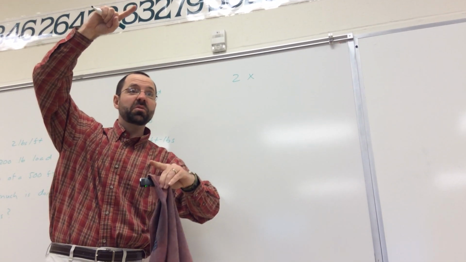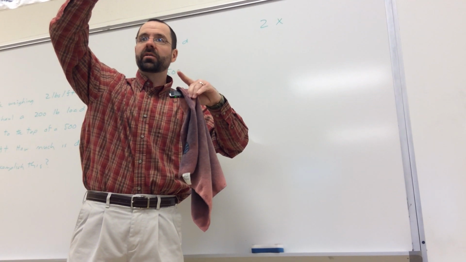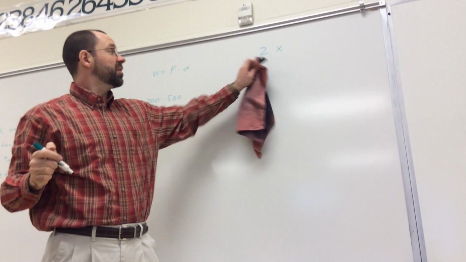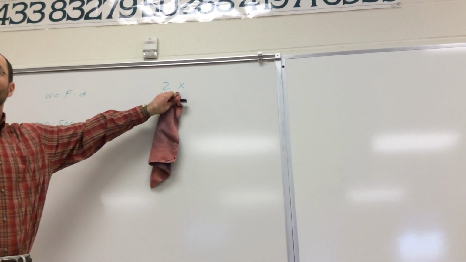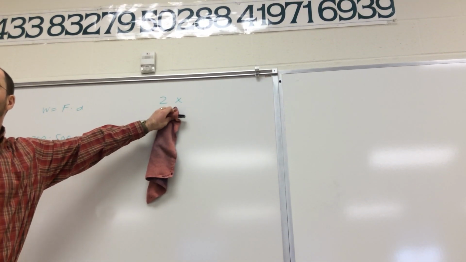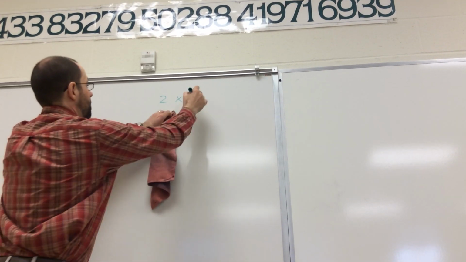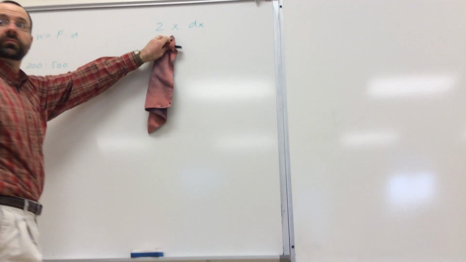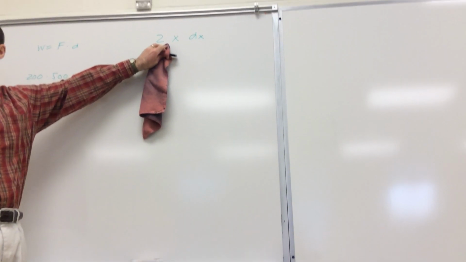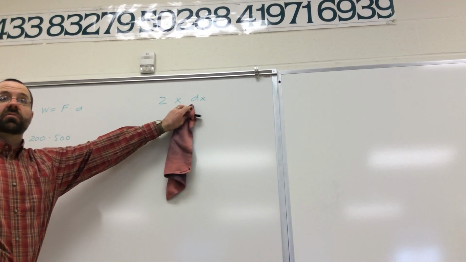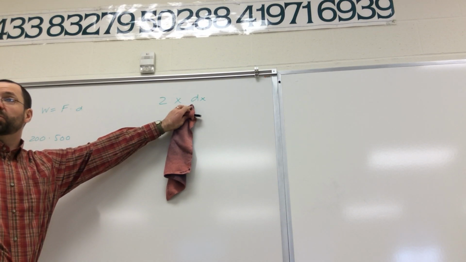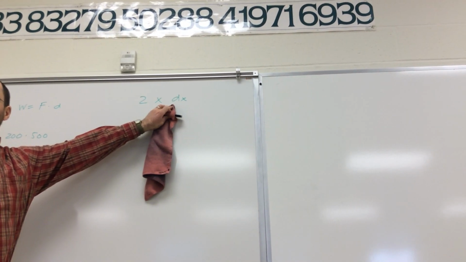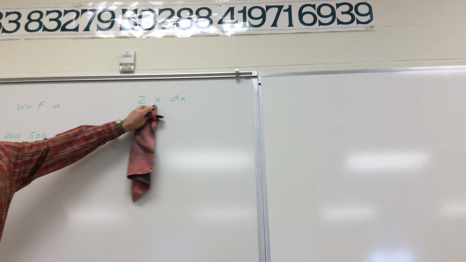Because the second you move it, it's shorter. So this number of pounds is only moved an infinitely small bit, so we multiply by dx. The 2x represents the pounds, and the dx represents the feet that we move those pounds. And then this is foot-pounds.